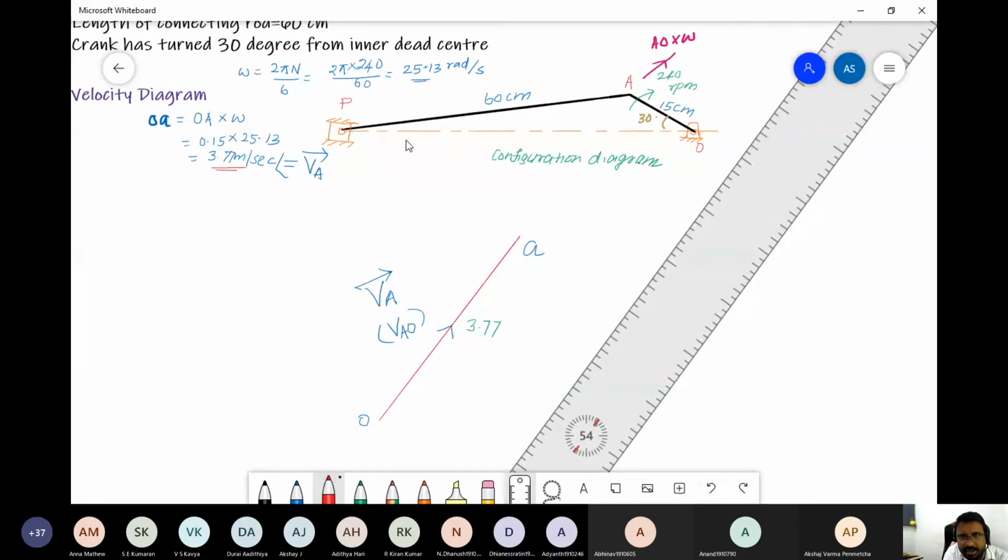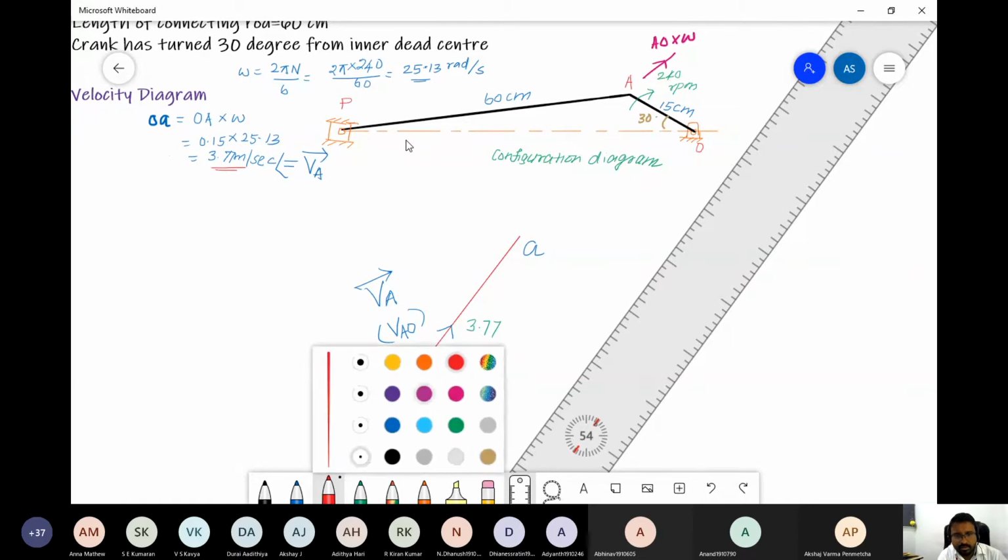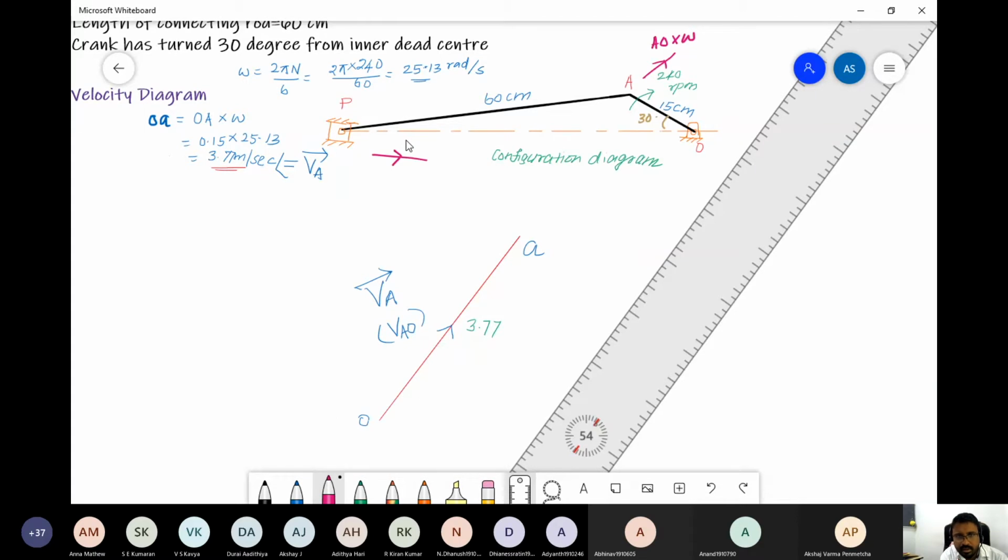When this is rotating like this, it will try to move this way, correct? This will be the vector for the piston. When we are rotating this, automatically this piston will tend to move in this direction.